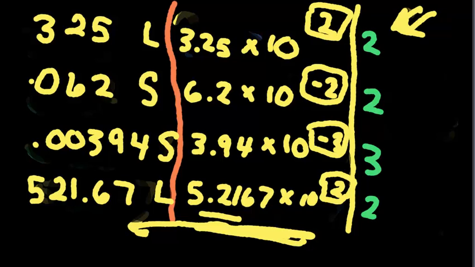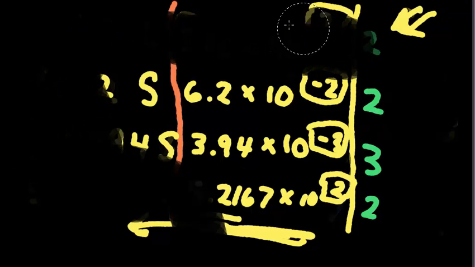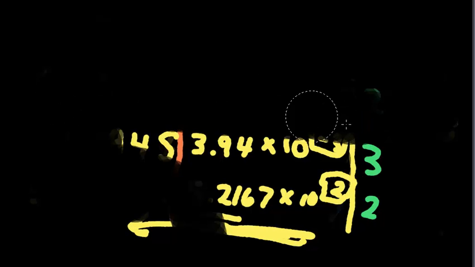So we'll do just a couple more and we will be done. So let's just do one more here. Let's say we have 0.0341, and we want to write that in scientific notation.